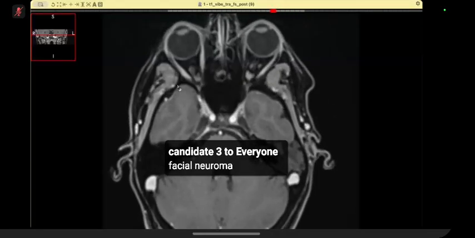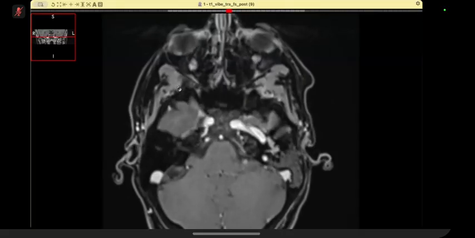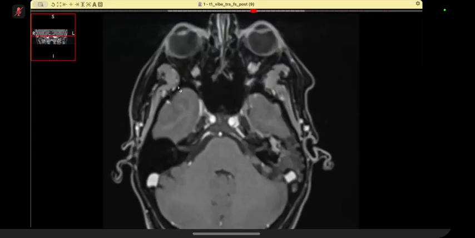This may be something related to a schwannoma of the nerves. But which nerve will be within the middle ear cavity? So this is the facial nerve. You know, the facial nerve schwannoma will be in the facial nerve canal. Usually they are not as large.